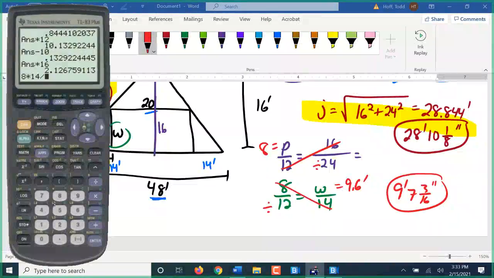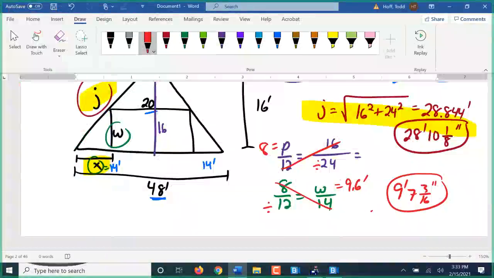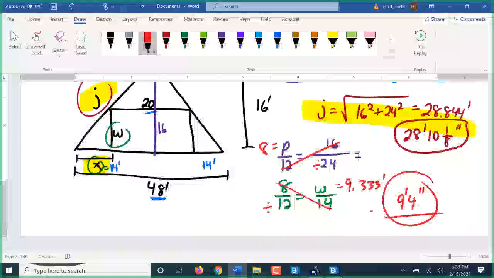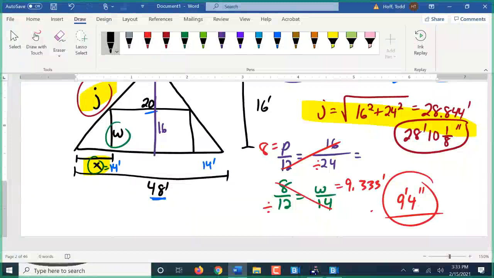Times 14, 9.33 feet. I screwed that up. 0.3333 feet. So that's 9 feet, 4 inches. Not so bad?